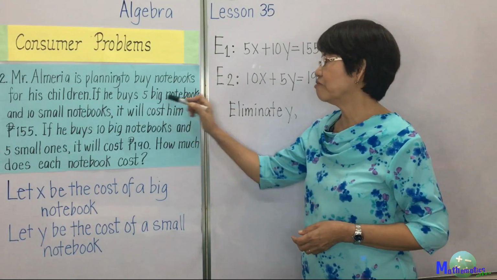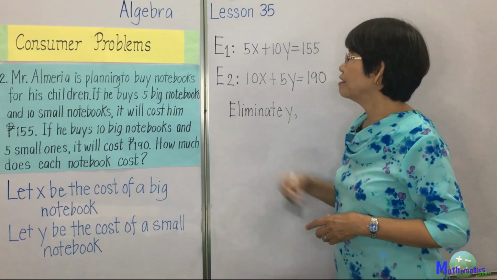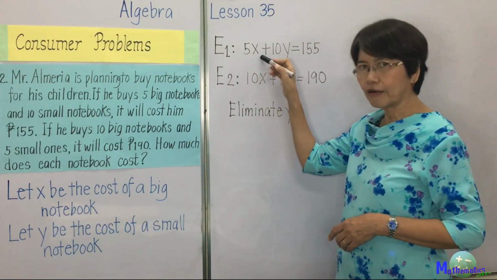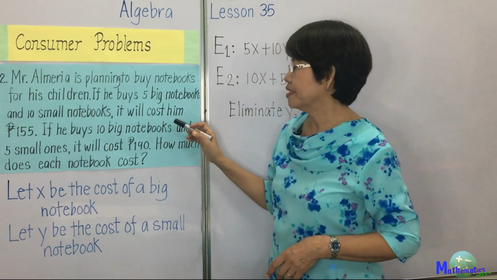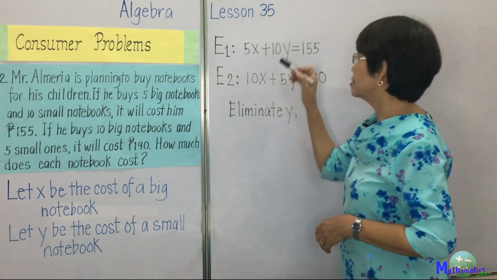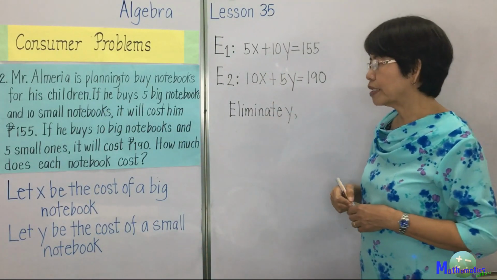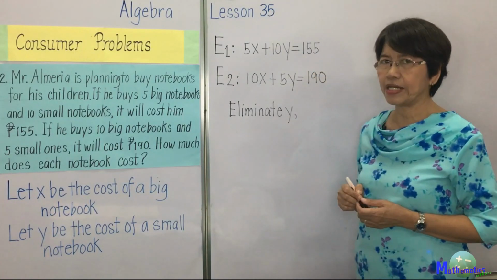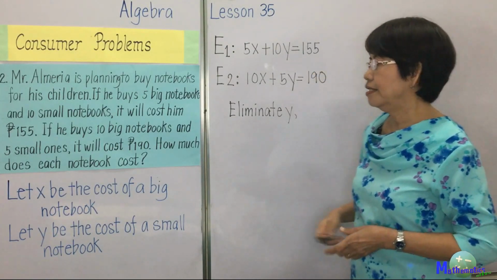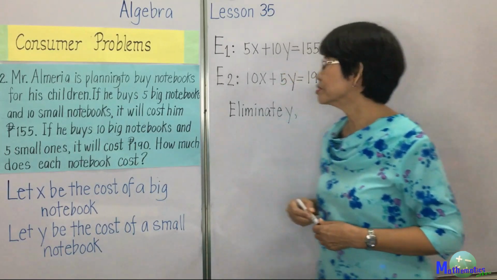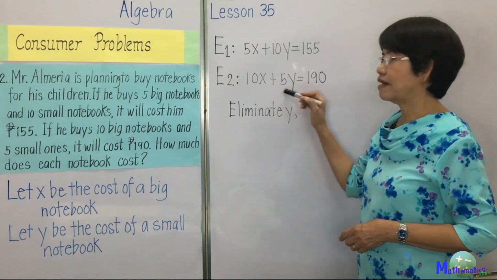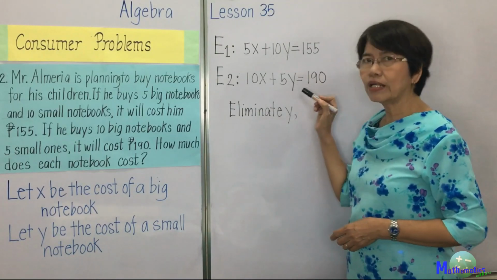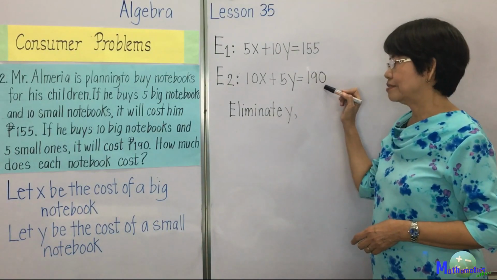Then we will represent this sentence with an equation. If he buys 5 big notebooks, so the 5 notebooks will be multiplied by the cost, 5x, and then 10 small notebooks, so 10 times y. It will cost him 155 pesos. And then, if he buys 10 big notebooks, so 10x, plus 5 smaller notebooks, 5y, it will cost him 190 pesos.